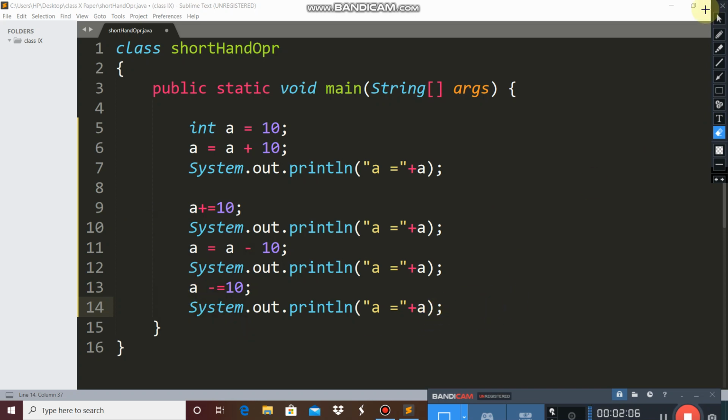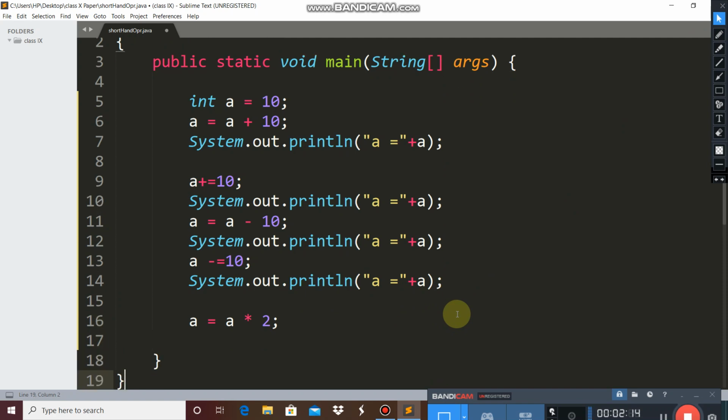Now if we want to double the value of a, usually you write a is equals to a into 2, but using compound assignment operators you can write a asterisk equals to 2. This is the equivalent expression of the previous one. So by using a compound assignment operator you can double the value.